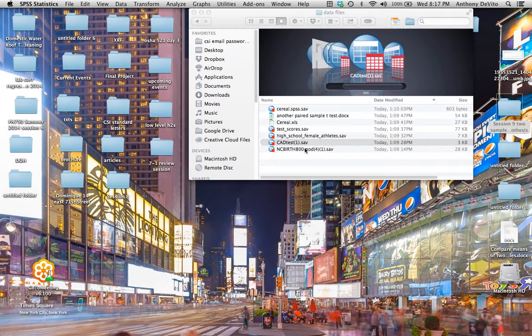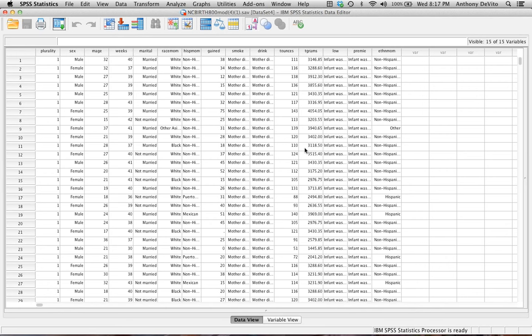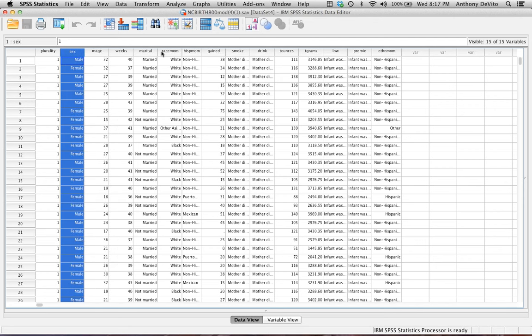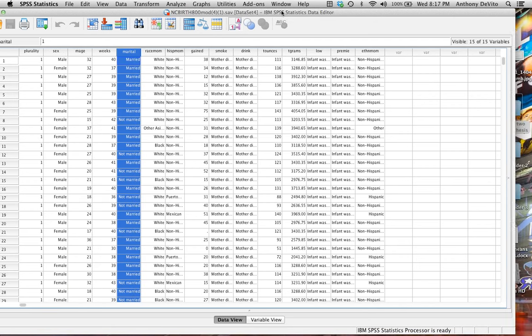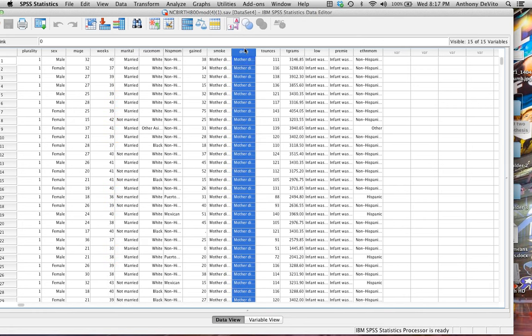Okay. NC birth data is 800 randomly sampled births in North Carolina, and we have all sorts of variables: mother's age, the sex of the child, marital status, and so on and so forth. Well, I want to compare something that has two groups. Let's see if we know if the mother drank or if she didn't drink.